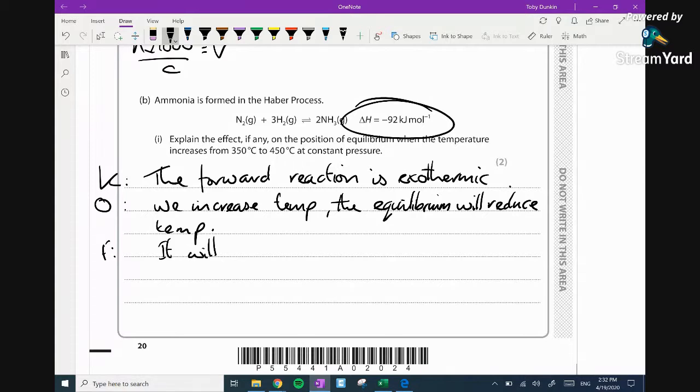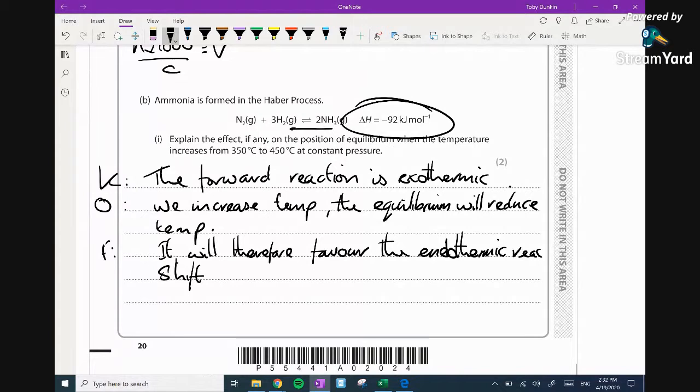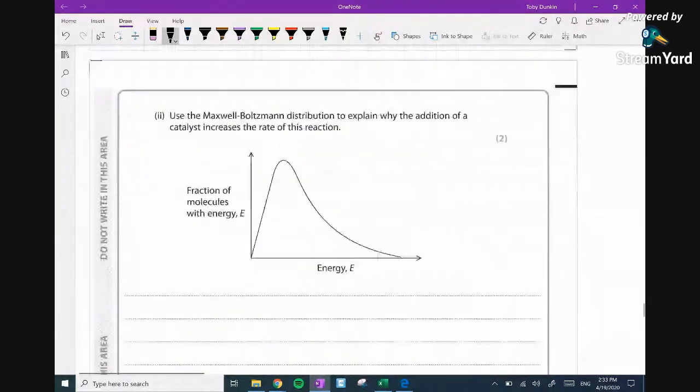It will therefore favor the endothermic reaction. Shifting. So the endo is the backward, so it's going to go that way. So it's going to be shifting from right to left, yield decreases. Done. I like it.